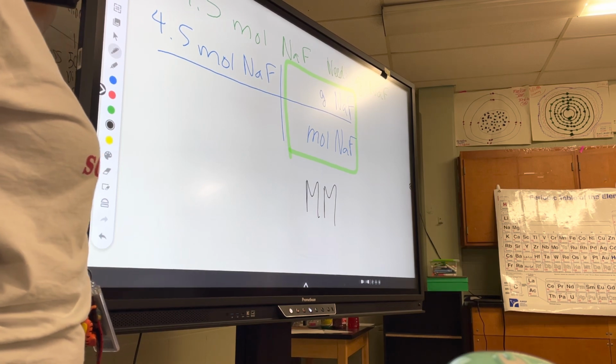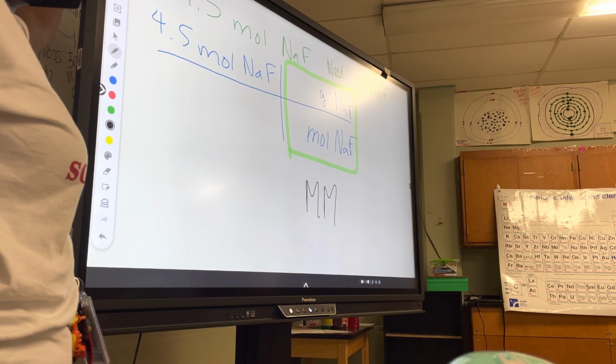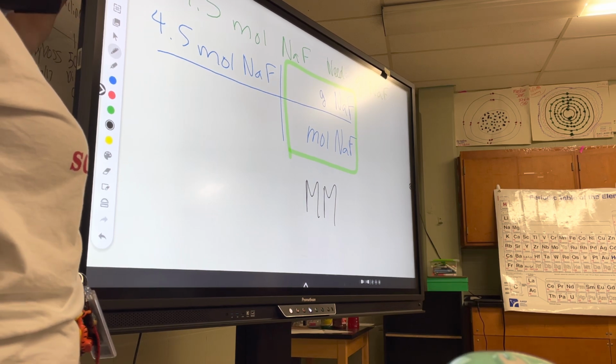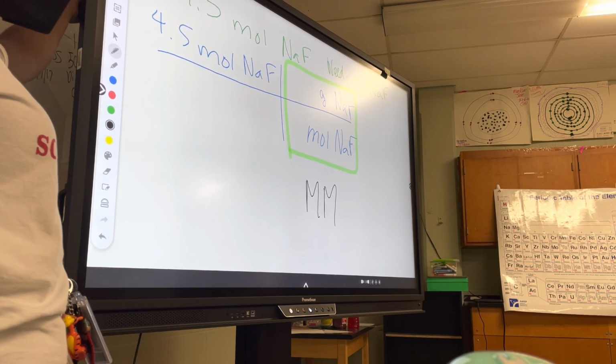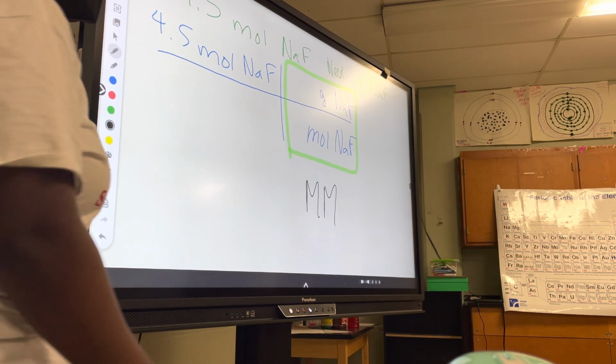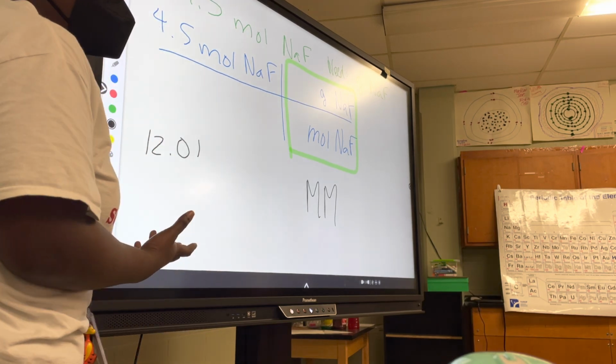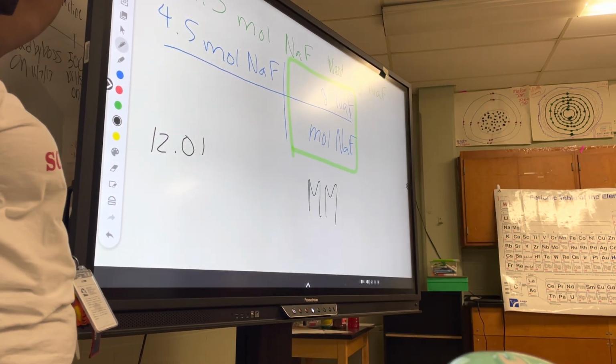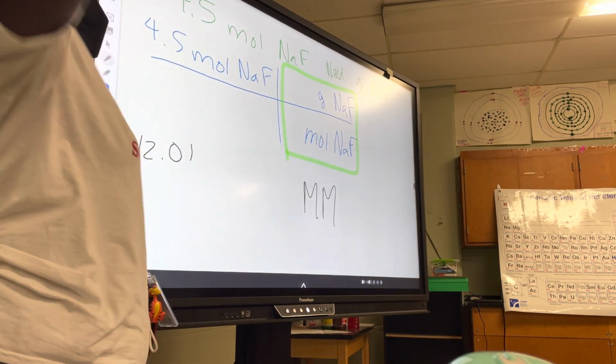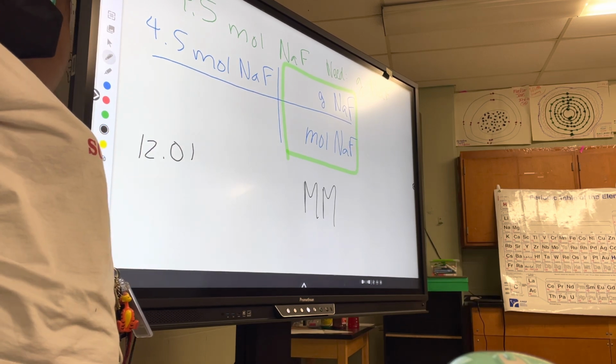The different versions have different numbers of neutrons, which make them weigh more or less. That's why carbon is 12.01 and not just 12, because you have things like carbon 14, which is what you use to date dinosaurs and stuff.